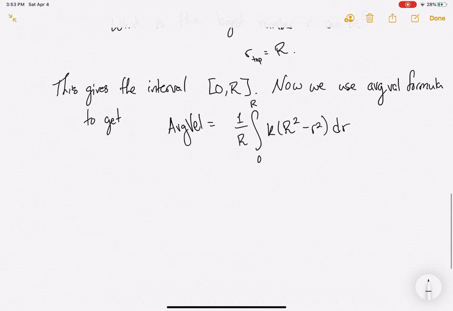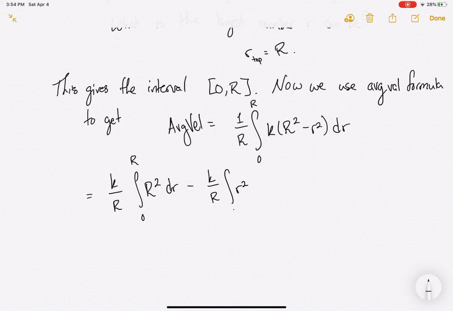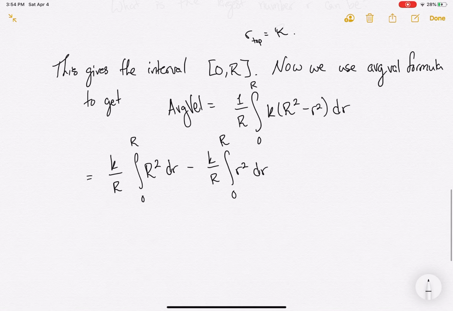Okay, and as always, I want to simplify this the best I can before I work too hard. So I'm going to pull the k out, and I'm also going to distribute, or in some sense expand. I'm going to split the integral at the minus sign, as I always do. And in the first case, it might not look like this, but really that R squared is also a constant.